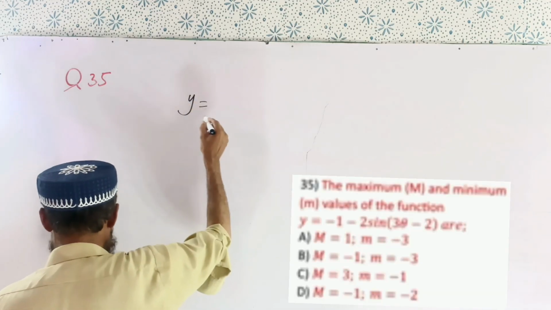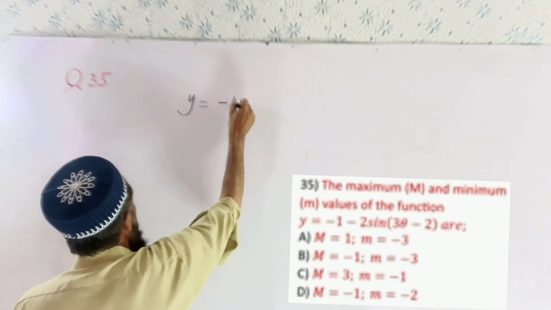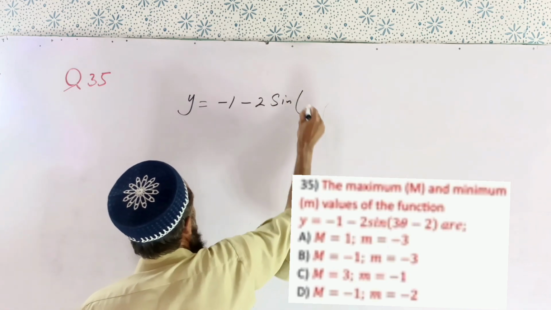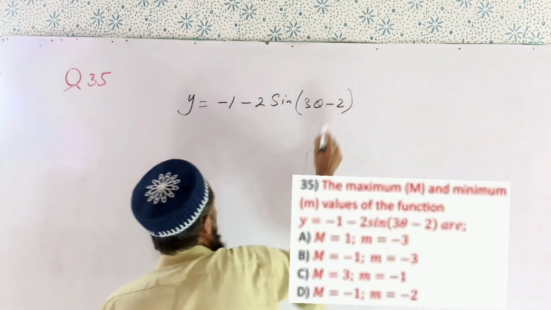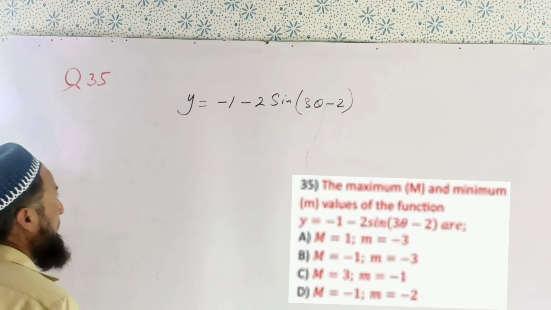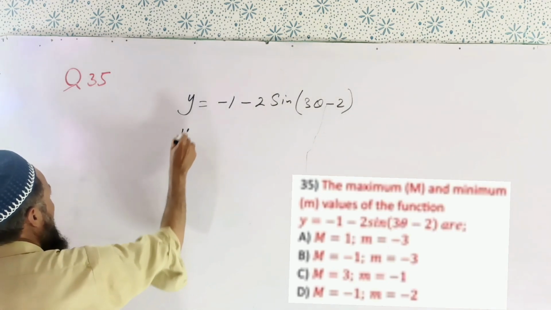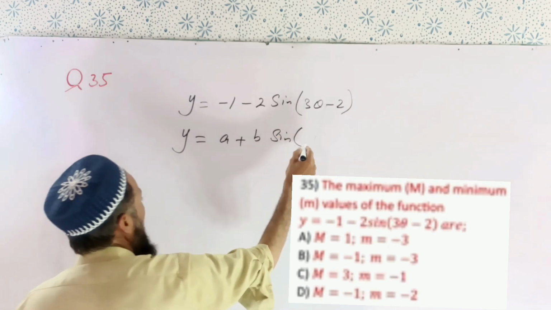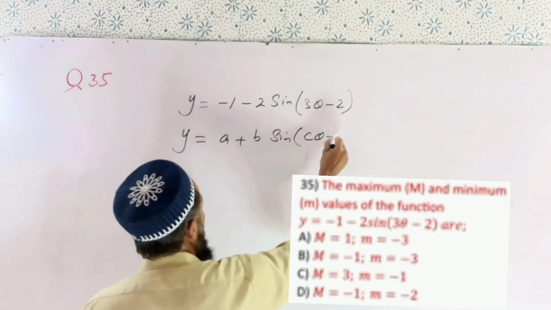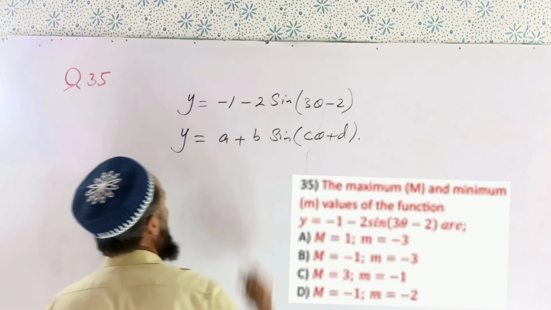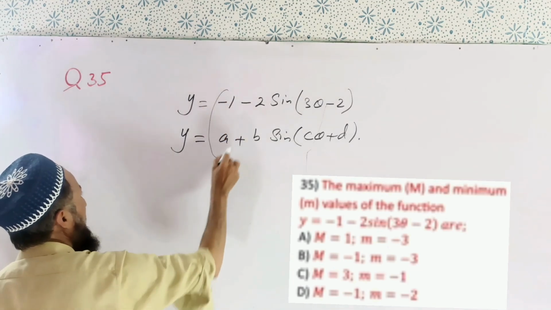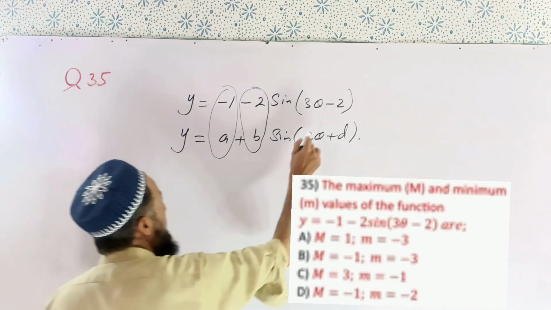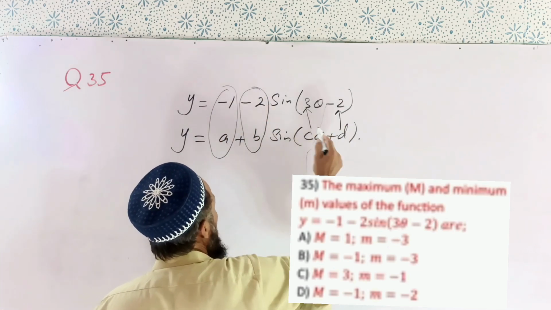Y is equal to -1 -2 sine 3 theta minus 2. Look here, the maximum and minimum value of the function must be, remember, a plus b sine c theta plus d. For example, we are comparing with this function here. A is equal to -1 and b is equal to -2 and c is equal to 3 and d is equal to -2.